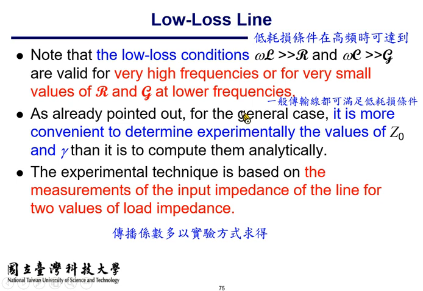So for the low loss condition, omega L is much greater than R and omega C is much larger than G. This condition can be met at very high frequency or with very small values of R and G, which means your real attenuation factors are small at lower frequencies.